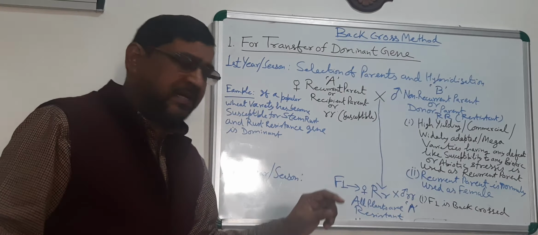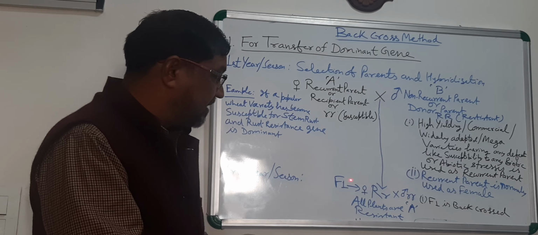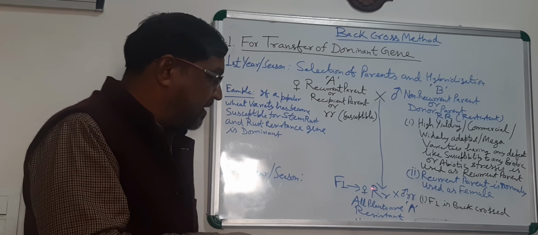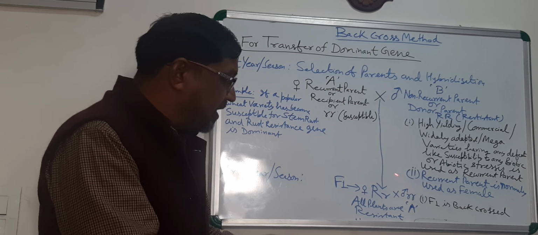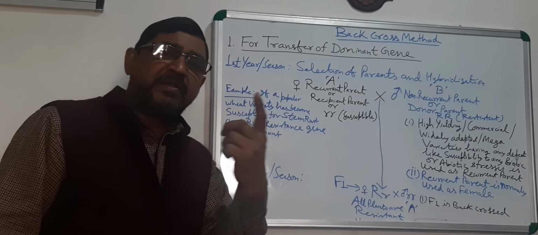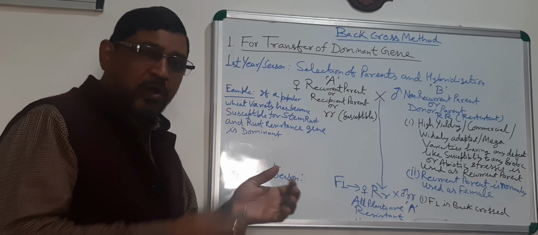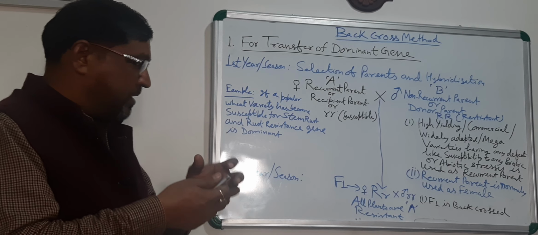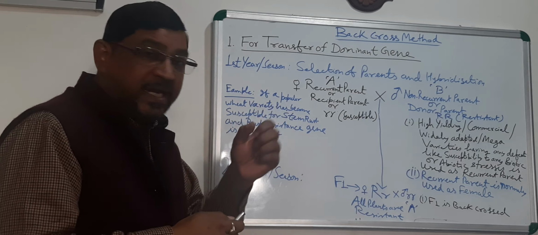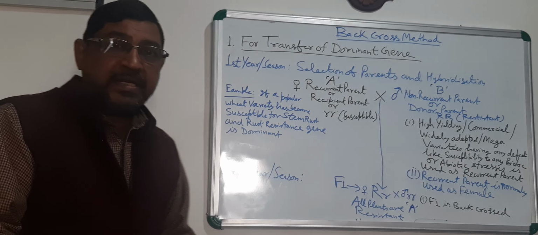You have grown the recurrent parent side by side with your hybrid F1, and then you emasculate it and pollinate it. Even a single panicle is enough. So you harvest that panicle and now you take that seed for growing in the next season.